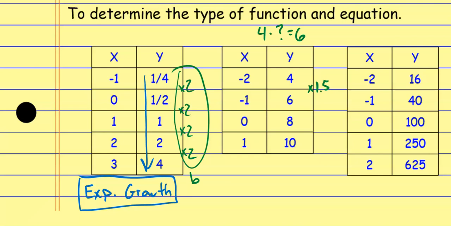And then check the next one. Say, okay, 6 times what will give me an 8? And if you need to come back up here and solve it again and say, hey, you know what? 6 times something gives me an 8. Is it a 1.5? Well, divide each side by that 6, and you get 8 over 6, which is 4 over 3, which is 1.3 repeating, okay?